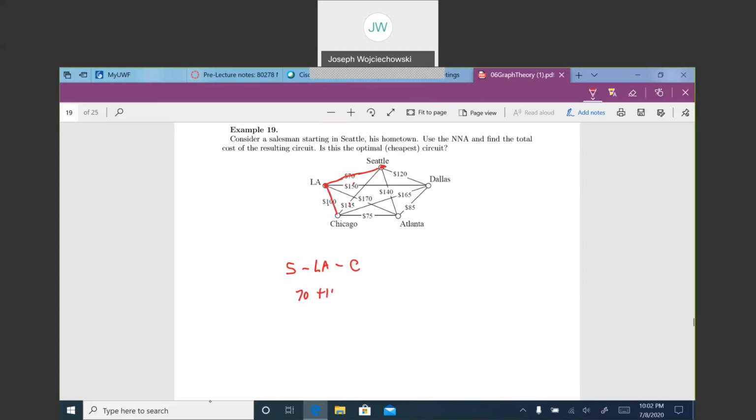That's 70, and this is 100. Okay, now I'm in Chicago. Going to Dallas is 165, so I guess I'm going to Atlanta, which is 75. Then I don't have a choice. I'm going to Dallas, which is 85, and then I'm going back to Seattle, which is 120. $70 plus 100 plus 75 plus 85 plus 120 is $450.